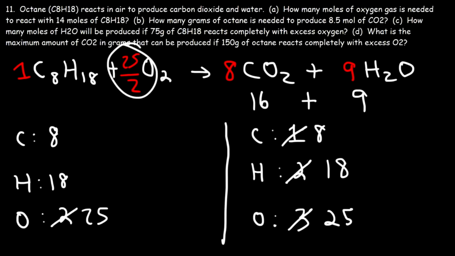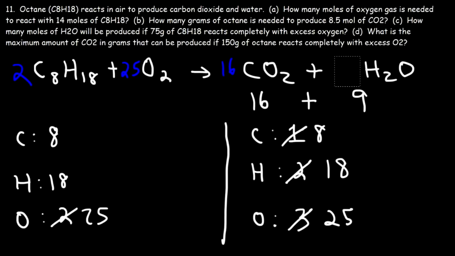So what I'm going to do now is double everything. So this one, I'm going to change it to a 2. And 25 over 2, if you multiply that by 2, the 2 on the bottom disappears, and you just get 25. 8 times 2 is 16, and 9 times 2 is 18.